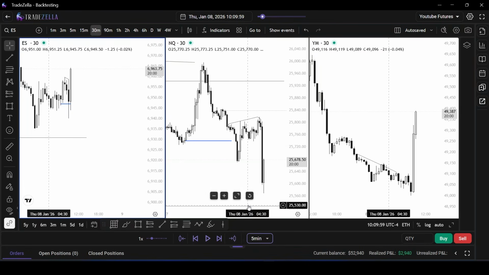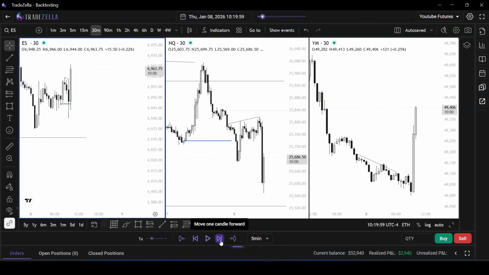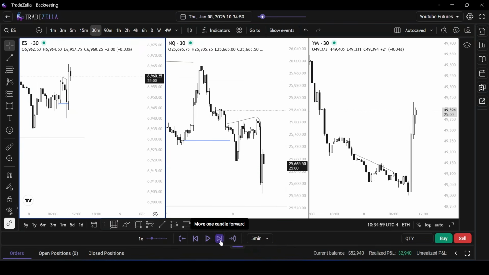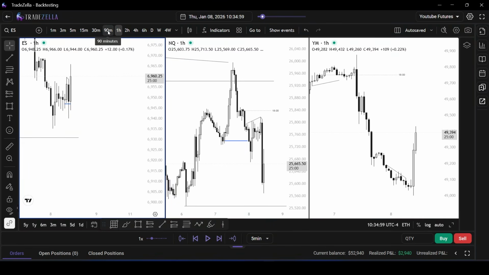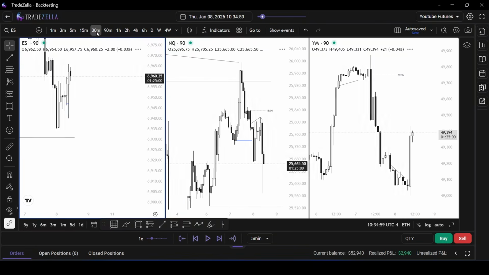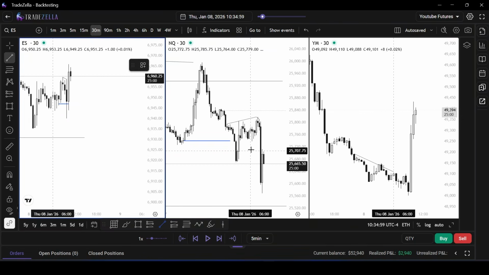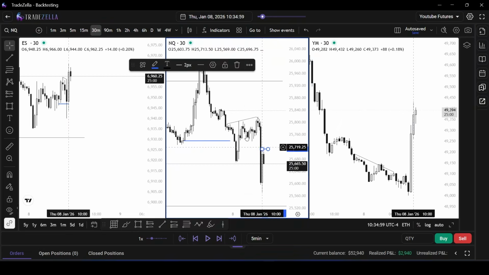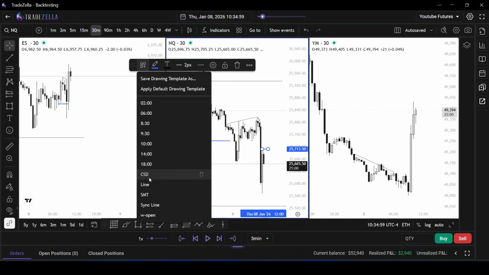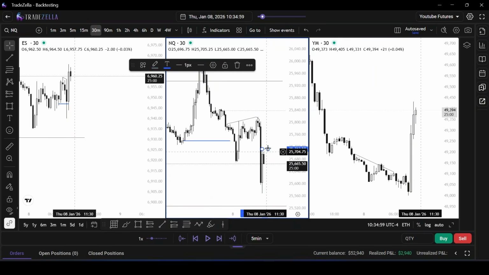Remember, my draw on liquidity is still open, so we have this fair value gap here. I want to see maybe this kind of trade into that fair value gap, manipulate it, then expand lower. Let's see if that's going to happen.